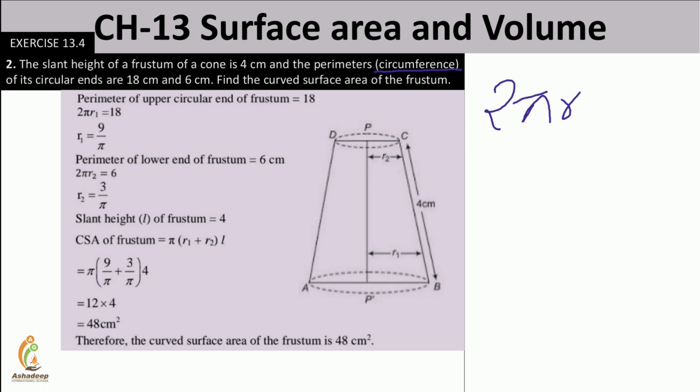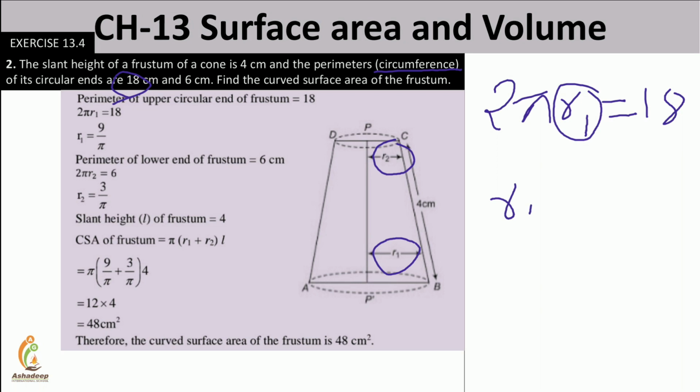But we know the bigger end is r1 and the smaller end is r2. So we will take the two circumferences. 2 pi r1 is equal to, here r1 is the bigger, so it is going to be 18. Now we need to find the value of only r1, right?